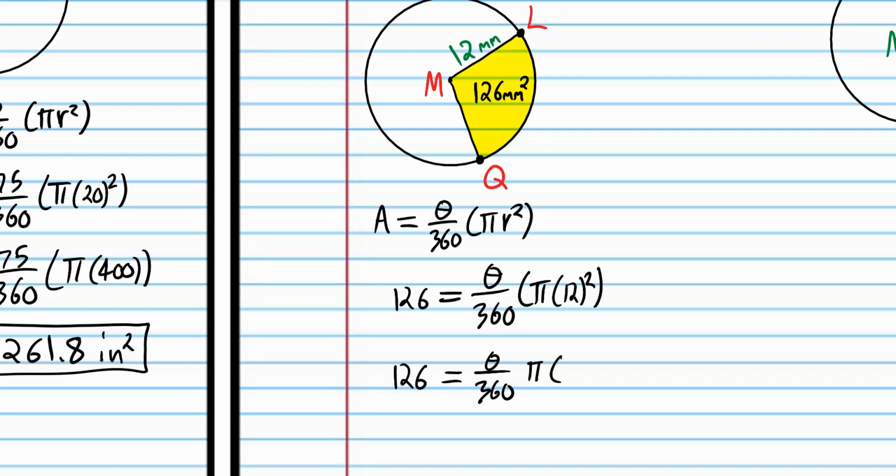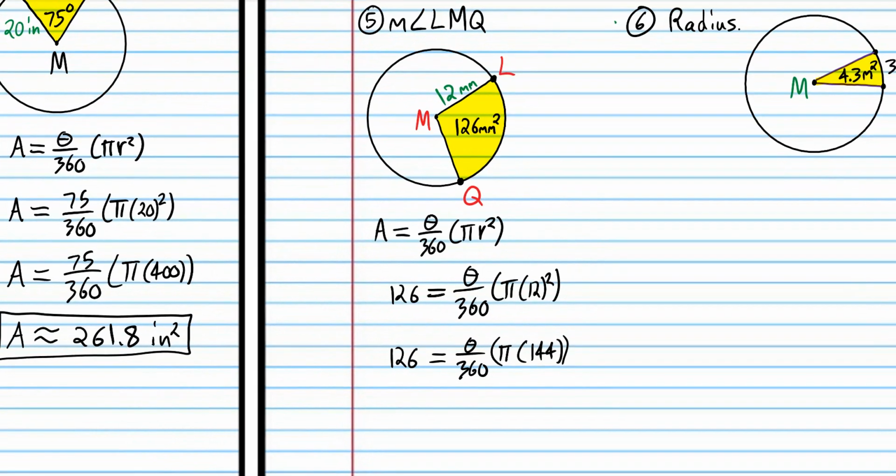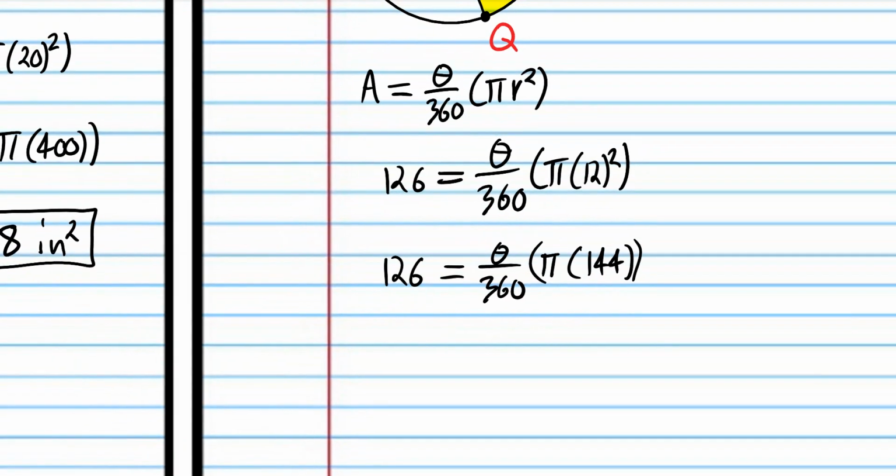So we have pi times 144. 12 squared is 144. All right, now at this point, there's a lot of different ways to do this, but I predict that a lot of students are going to have some trouble with this. So I'm going to show every single step here and be really careful to be exactly clear what I'm doing.